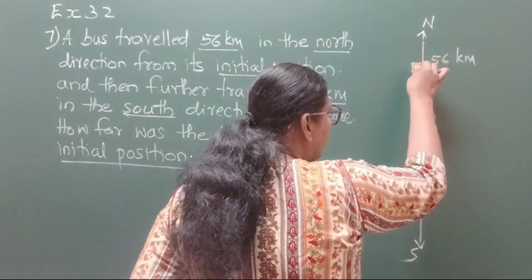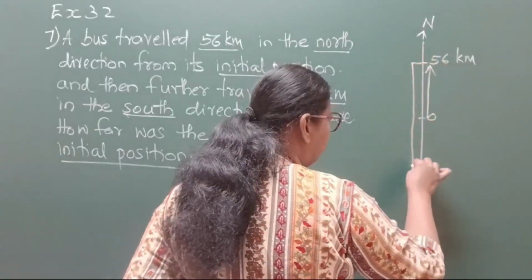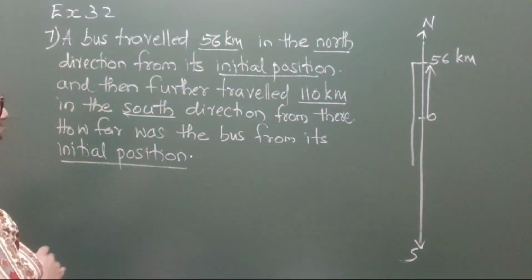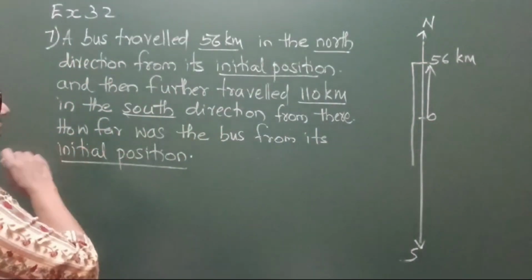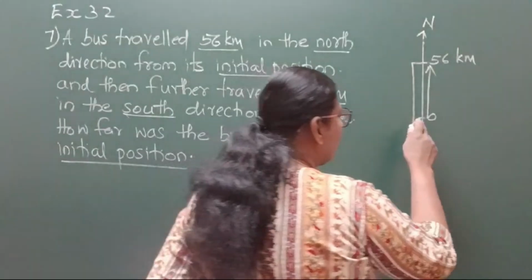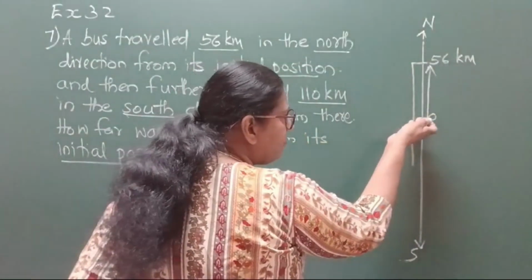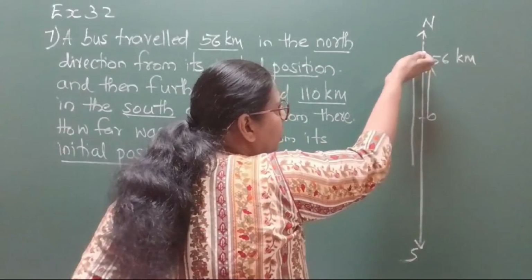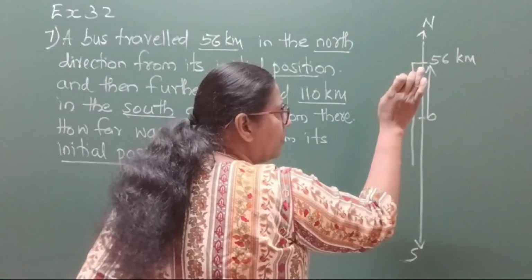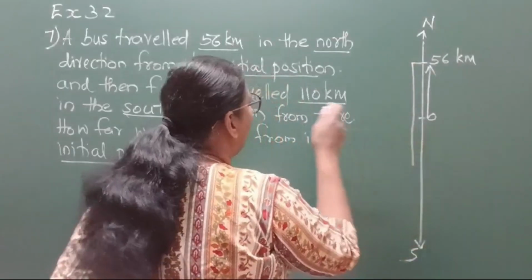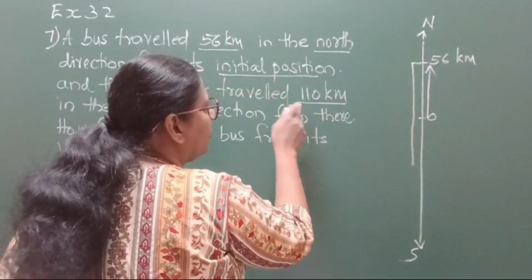From there the bus travelled back towards the south. Not from the initial point. Please notice that the bus travelled from the initial point to the north 56 kilometer. From there the bus travelled back to south. How many kilometers? 110 kilometer.